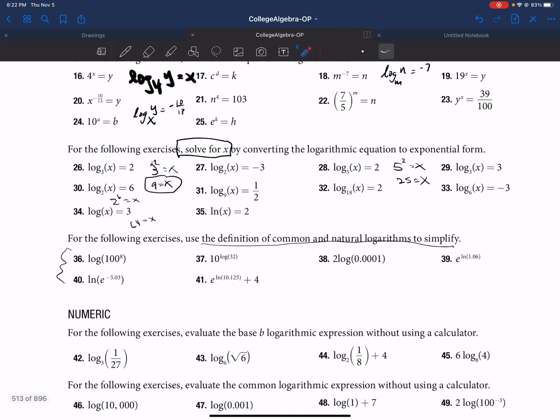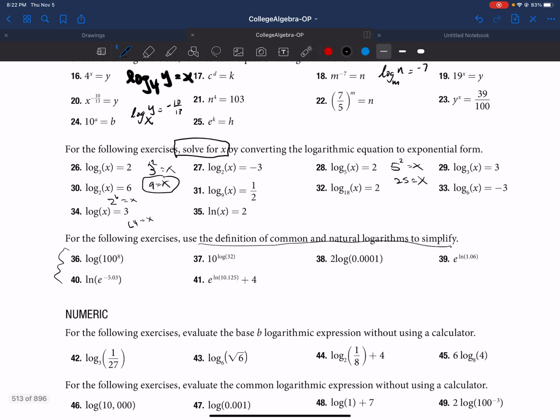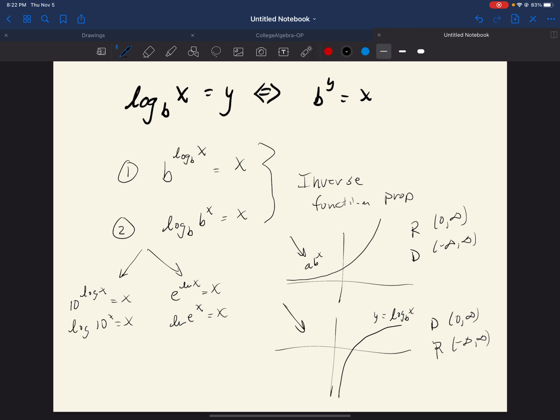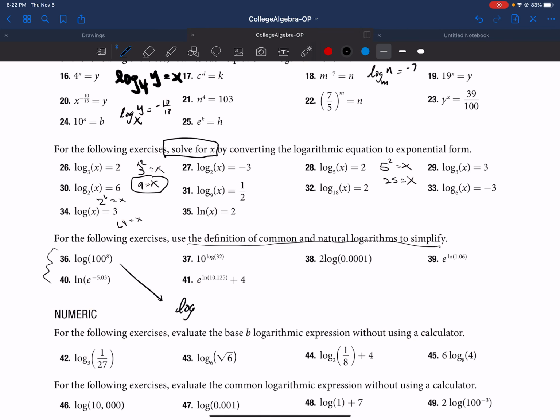Look, this problem right here, what we would do is we would say, okay, well that's log, so it's log. But for the property to work, it has to be log of 10 to something. Well, I don't have log of 10 to something. I have log of 100.